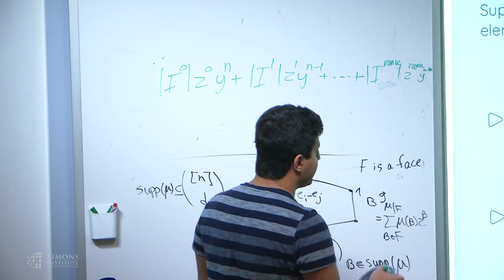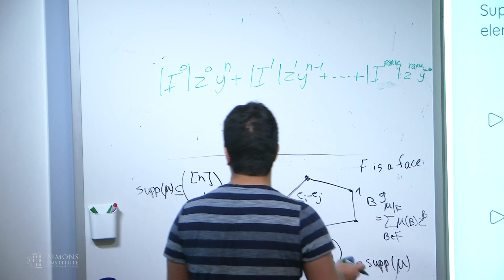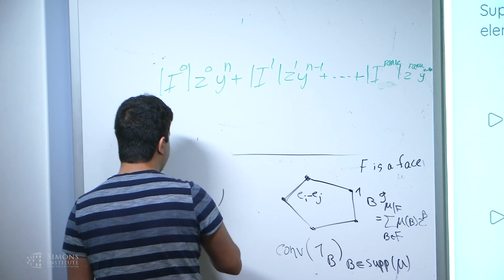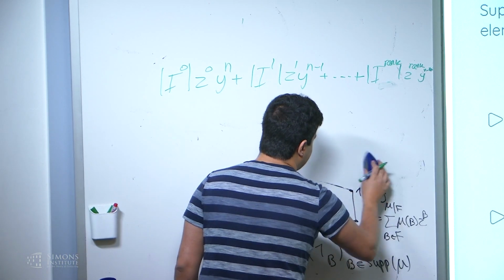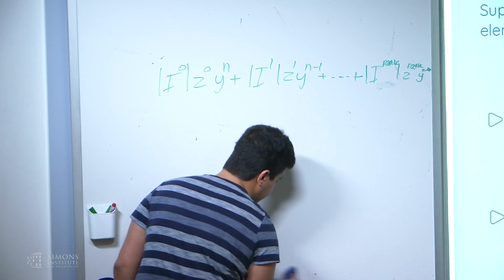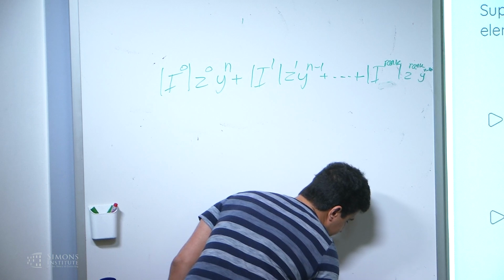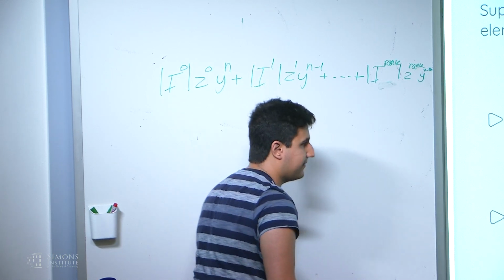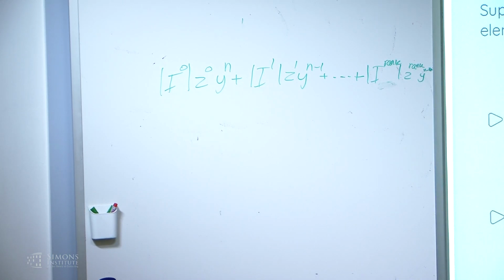So why am I showing you this example? This is an illustrative point, to illustrate that complete log concavity is not about the roots. Okay.